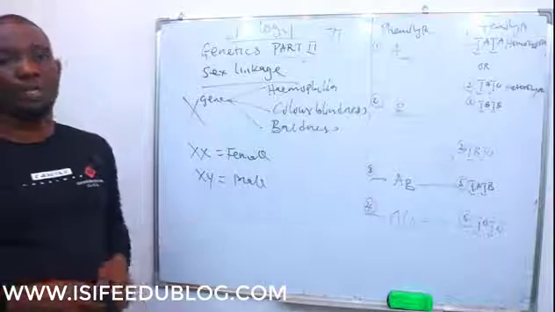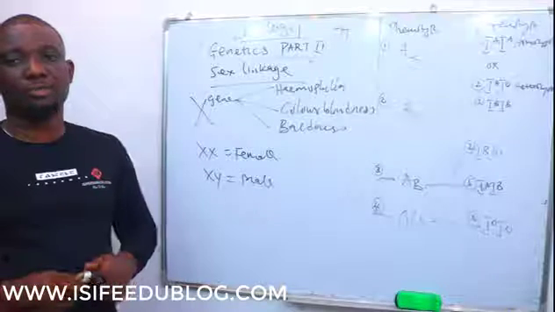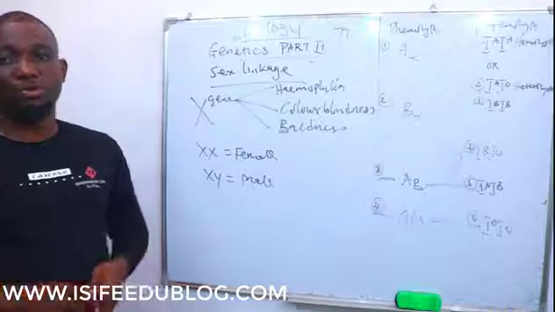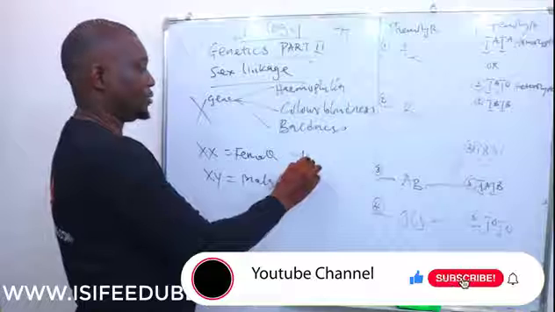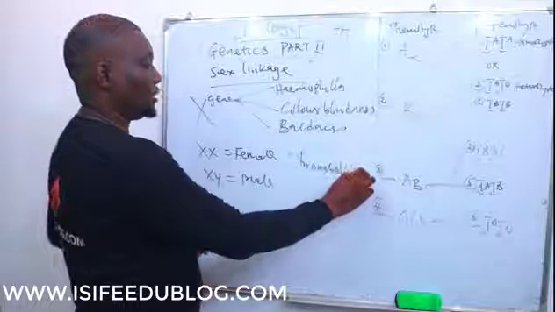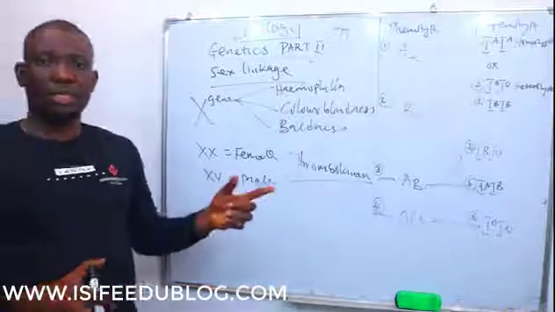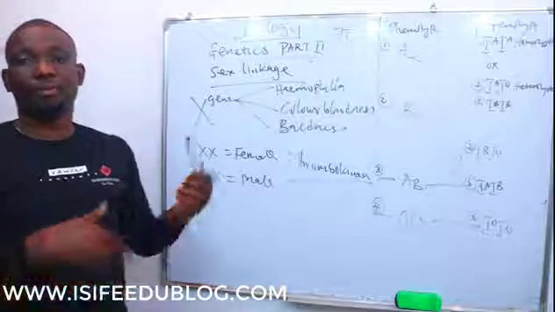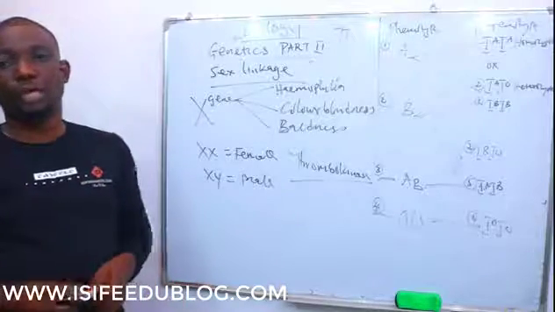People who are hemophilic tend to bleed too much on the slightest cut because they lack a special enzyme called thrombokinase. This is an enzyme that converts an inactive protein called prothrombin to an active protein called thrombin.